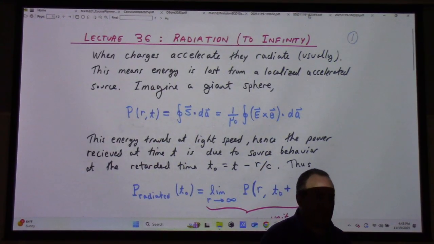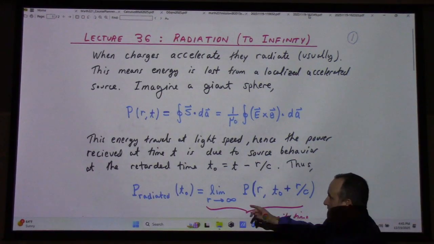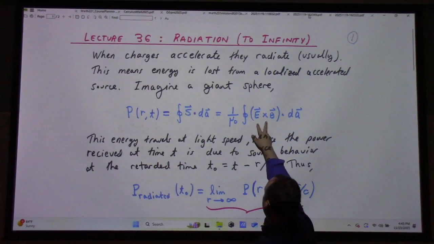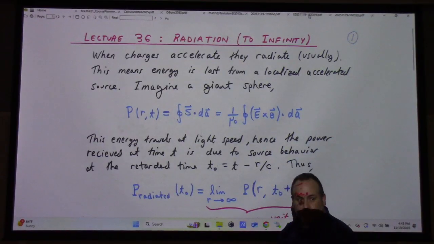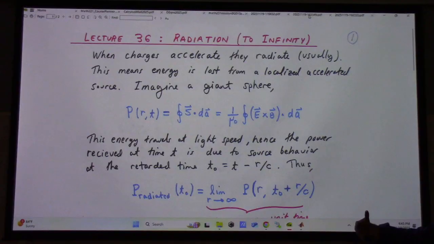All right, but this is the radiation that lives very far out. And that basically makes the calculation not too horrible, because it's based on the assumption that R is way, way out. And so to calculate the power, we integrate the Poynting vector over a giant sphere. That means we're integrating E cross B over that sphere. And we're interested in essentially all the energy that reaches infinity, because that's the energy that's lost to the system, the far field radiation.